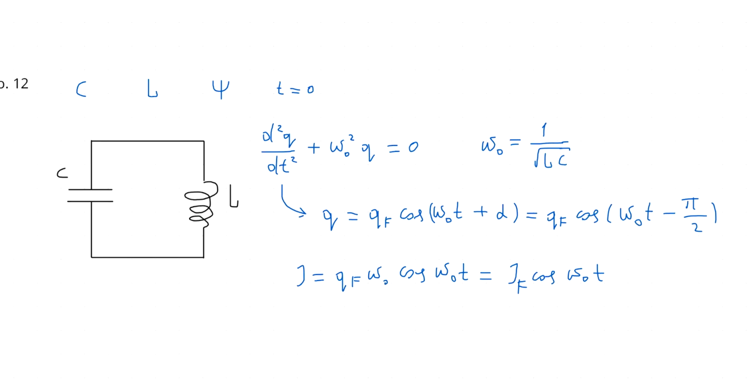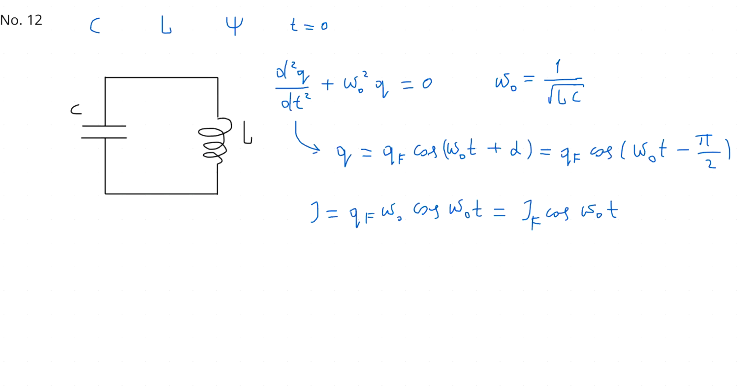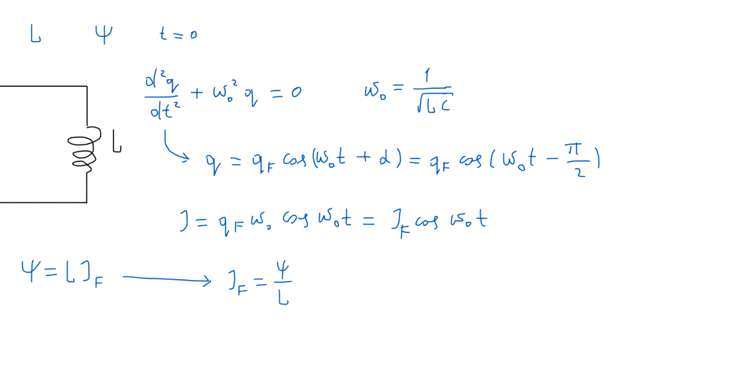So it means that the flux linkage at t equal to 0 will be IF multiplied by L. And from here we will get IF is equal to psi divided by L.